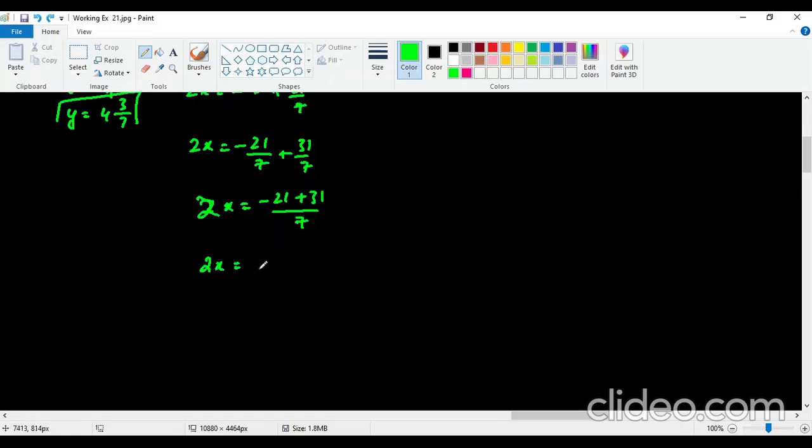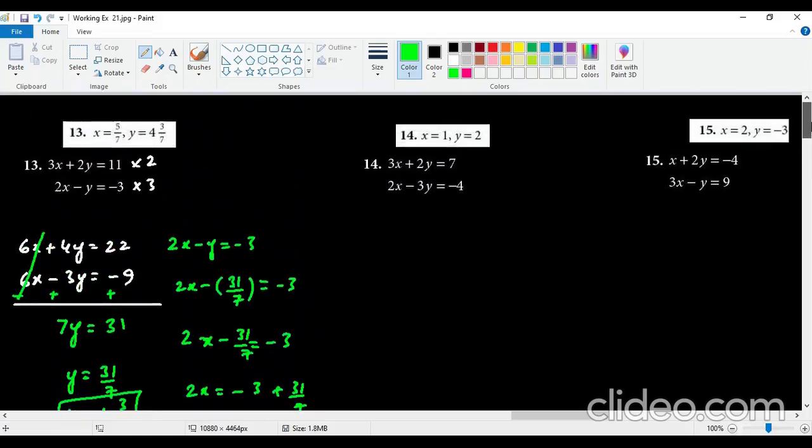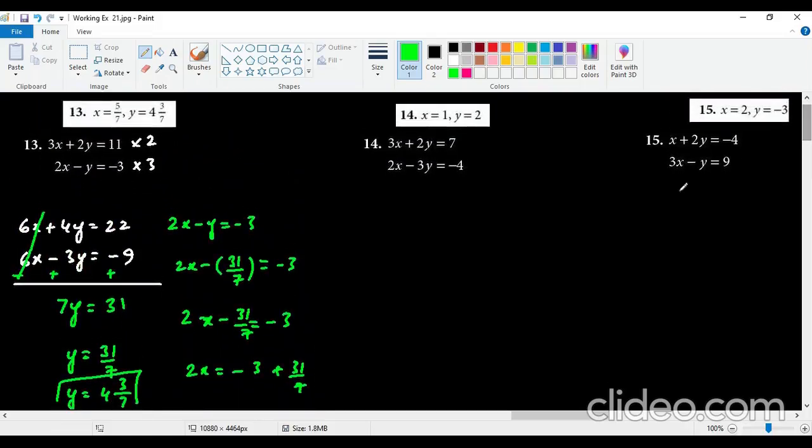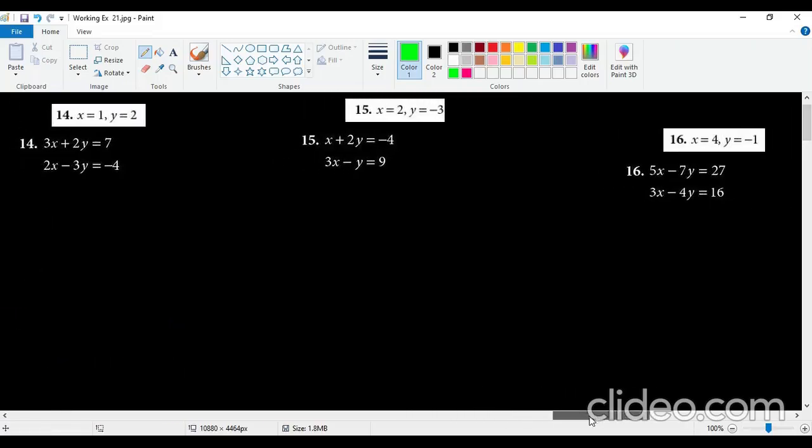This is giving us 10 over 7, and x will be equal to 10 over 14. When simplifying, this is giving us 5 over 7, which is the required answer. The value of x is 5 over 7, and the value of y is 4 whole 3 over 7. Moving on to question number 13.